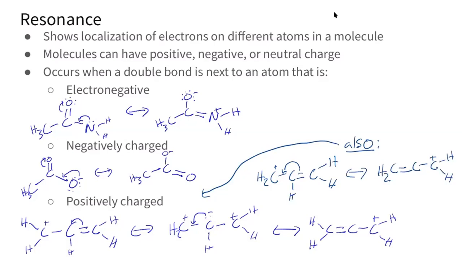You guys are going to be doing Sapling this summer as well as in the fall, and on some of the Sapling resonance problems, they like you to show this central resonance structure, so I wanted you to know that it exists, but know that it's also fine to draw resonance structure problems out without that middleman, if you will. Does this kind of make sense?